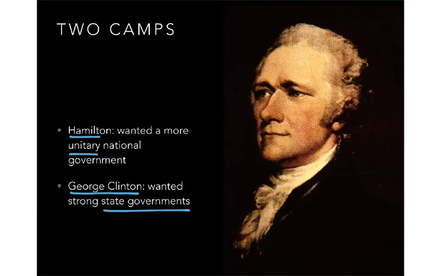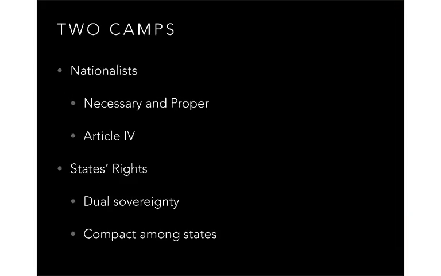And this is going to end up leading, after the ratification of the Constitution, after that compromise, into two competing camps about the interpretation of and the trajectory of federalism in the American Constitution, the American political system. And those two are going to be nationalists and state rightists.